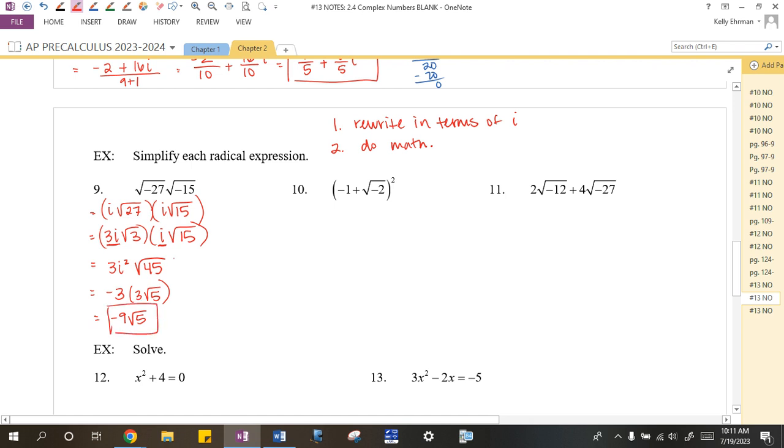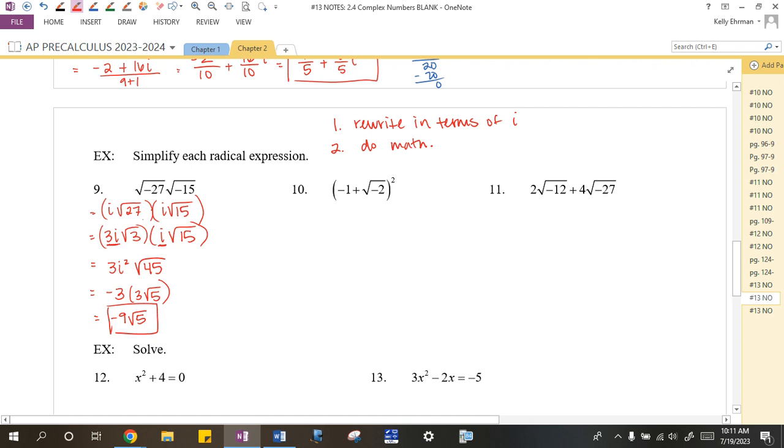You want to avoid multiplying large numbers together. I would not do 27 times 15 and then try to figure out what perfect square, which it would be, 81 times 5, is what goes into 27 times 15. So simplify if you can.